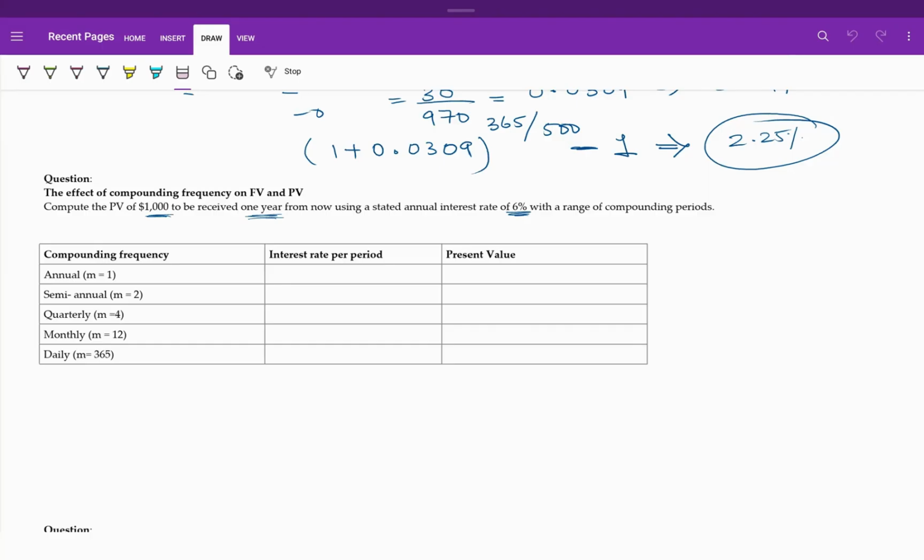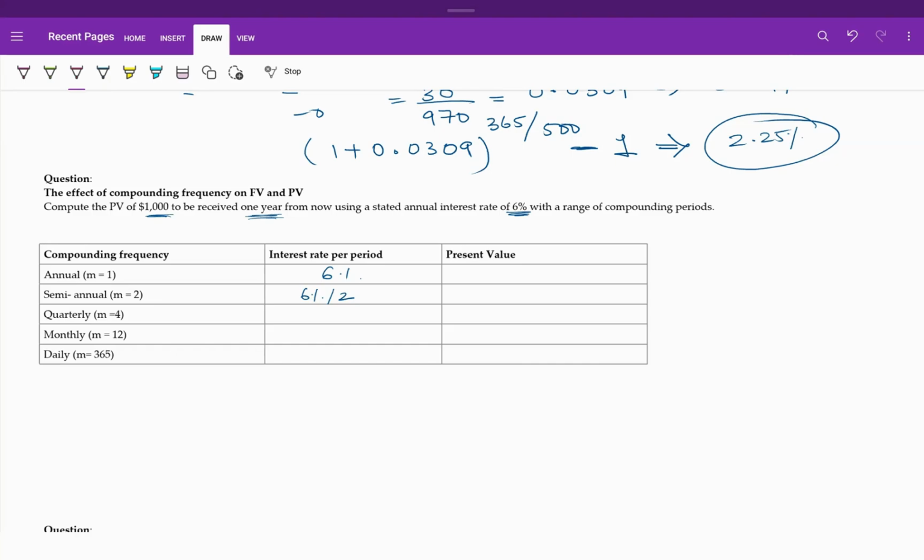Interest paid, we are going to divide our interest. If the frequency is 1, the interest is going to be 6% only. For semi-annual compounding, we are going to divide our interest rate by 2.